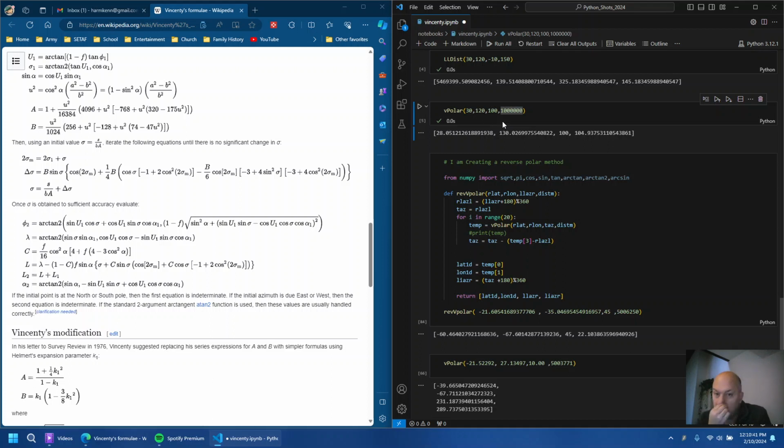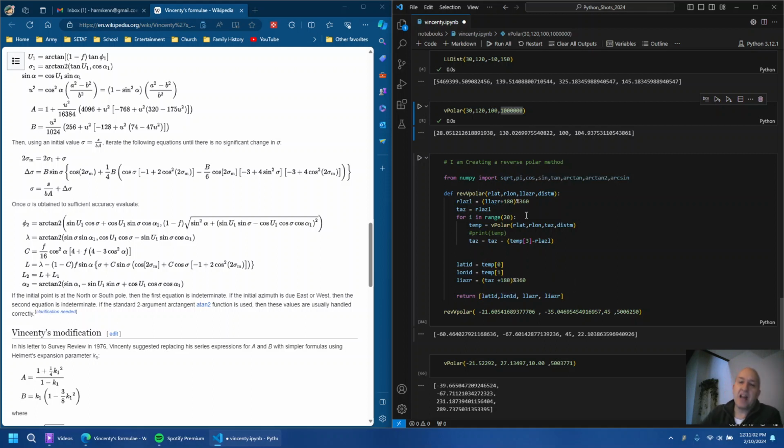So I used Vincenty's formula backwards. I called it reverse Vincenty polar. I start out with a far latitude and longitude, the direction to it, and the distance to it. And I want to come out with where am I?